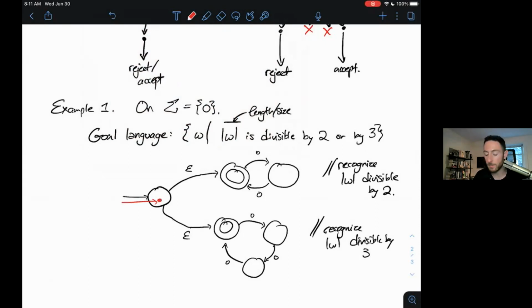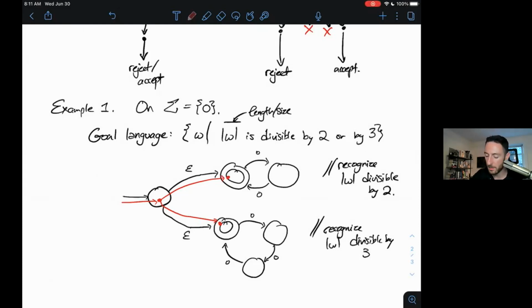The moment before I start my computation, I'm going to branch on my epsilon arrows. So I branch on this one, send one branch over here, branch on the second epsilon arrow, send one branch down to the second gadget. And of course, there's technically a third branch, which just stays in the first state, but we can forget about it because there are no outgoing 0 or 1 edges, so it will die on the next step of computation.